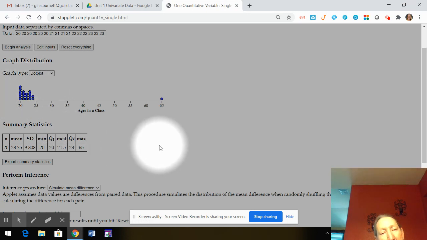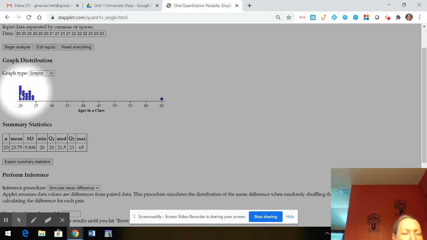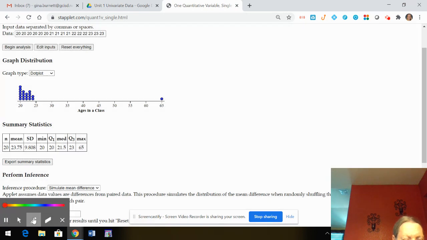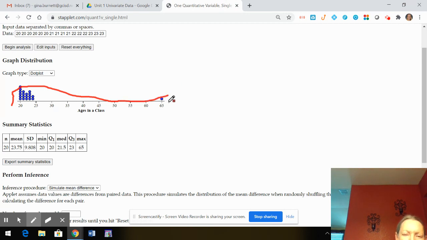The next part of this question then asks you to talk about which measure of center would best describe the distribution. Because if I look at the shape here, I'm seeing a distribution that is super right skewed. I got this outlier way, way out there.